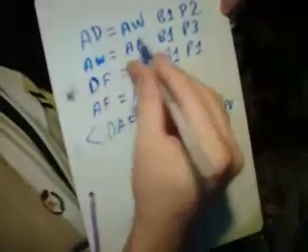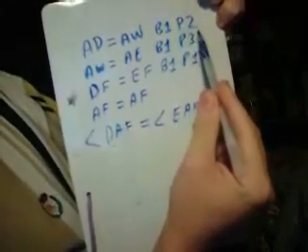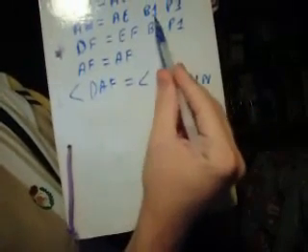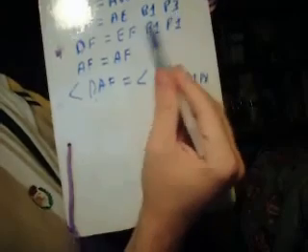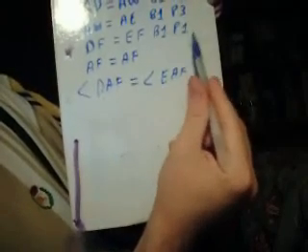Alright, now to summarize all of this, I have a little chart here. AD equals AE because of Book 1, Proposition 2. AE equals AE because of Book 1, Proposition 3. DF equals EF because of Book 1, Proposition 1.